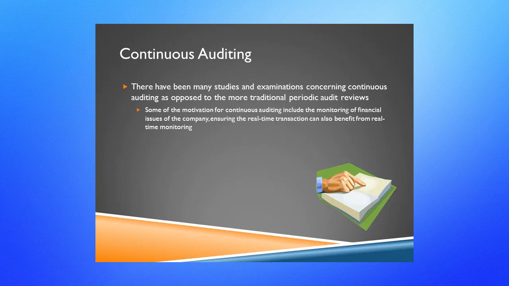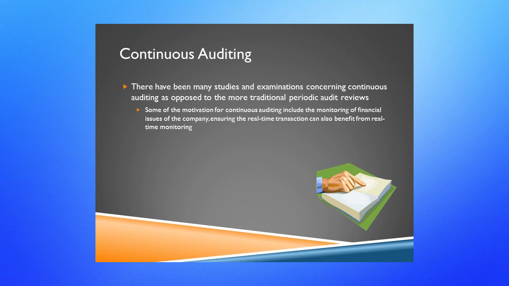We can also consider the use of continuous auditing. Now, there have been many studies and examinations concerning continuous auditing as opposed to the more traditional periodic audit reviews, especially when you consider that some of those times in between the audits are on a yearly basis.